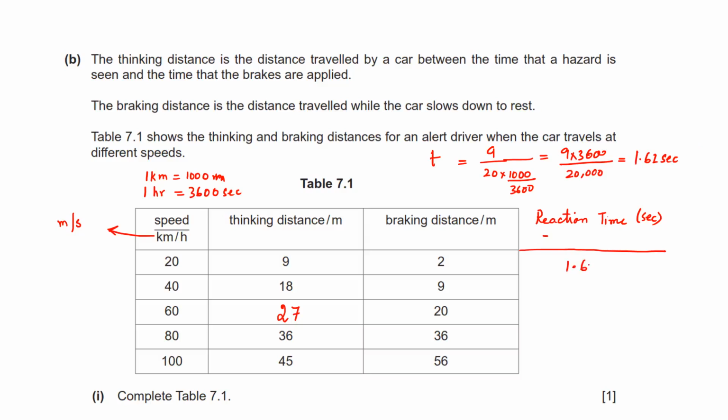Let's find out for this one: 18 multiplied by 3,600 divided by 40,000. Again, it comes out to be 1.62 seconds. Calculating again using the other values, all the reaction times will come out to be 1.62 seconds. So the reaction time comes out to be the same for all.